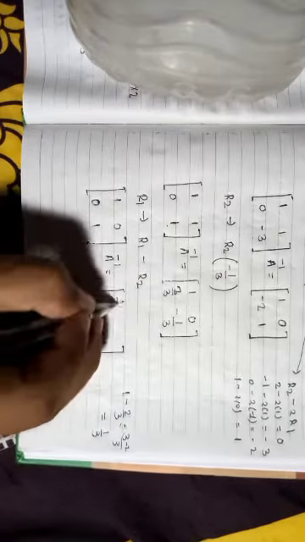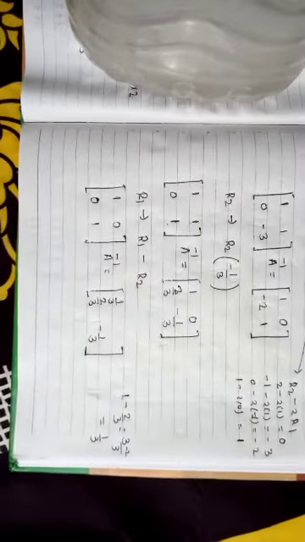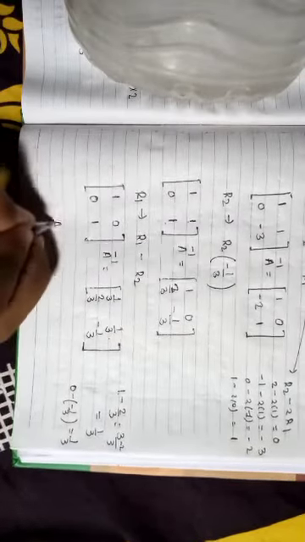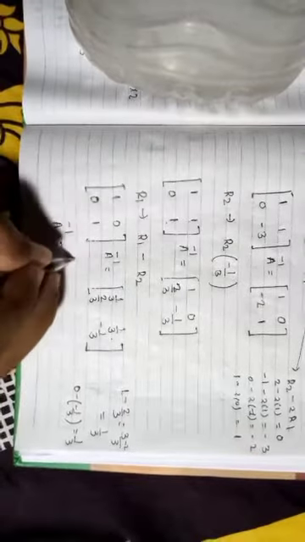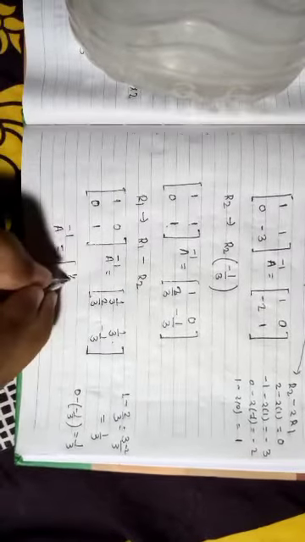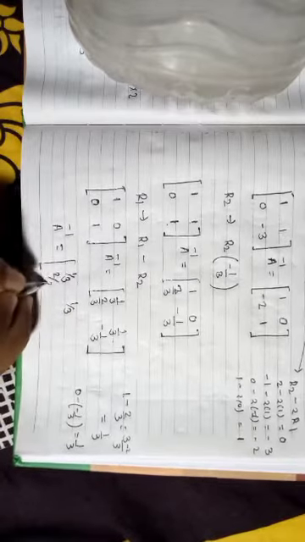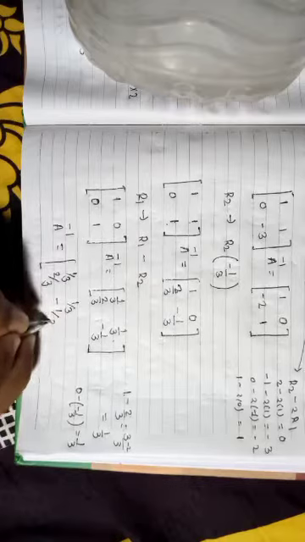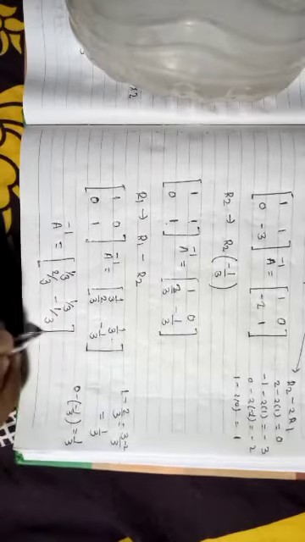Again 0 minus minus 1 by 3 will become 1 by 3. Now this is the identity matrix, so I can write A inverse is equal to 1 by 3, 1 by 3, 2 by 3 and minus 1 by 3. This is the inverse of the matrix.